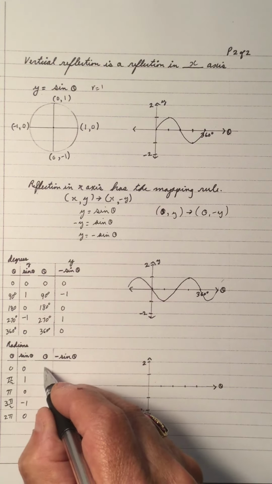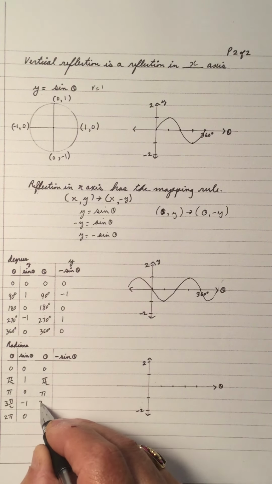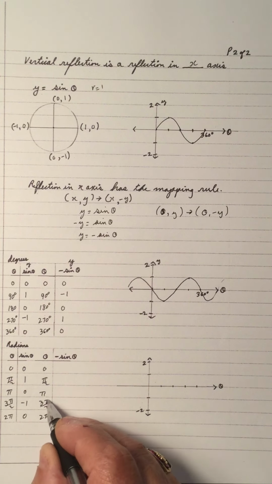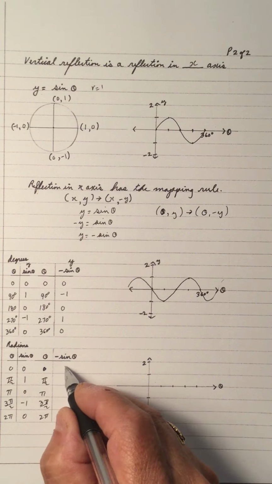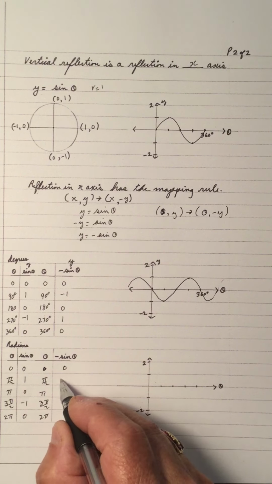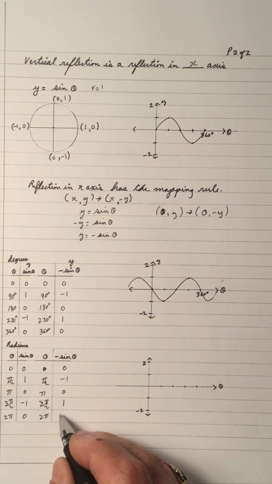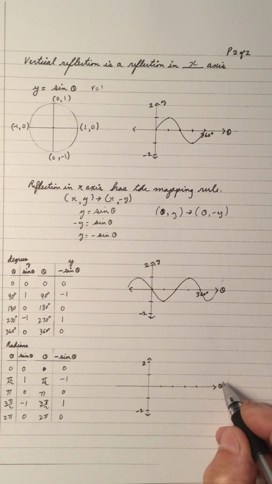We're putting radians, so 0, pi over 2, pi, 3 pi over 2, and 2 pi. So we're doing the opposite of 0, which is 0. Opposite of 1 is negative 1. Opposite of 0 is 0. Opposite of negative 1 is 1. And the opposite of 0 is 0. So this is in terms of radians.